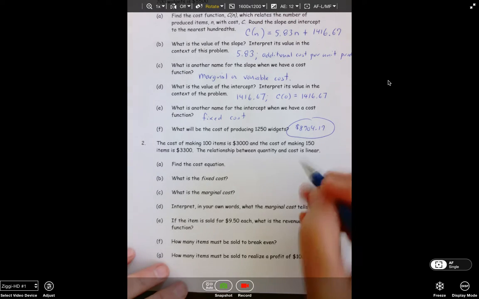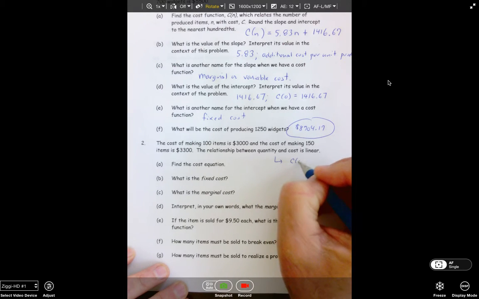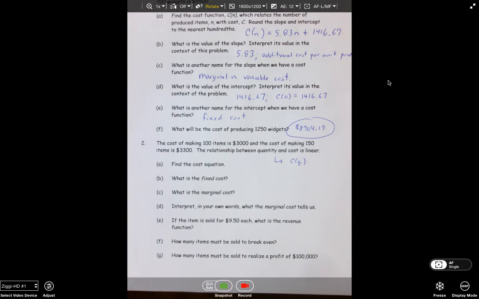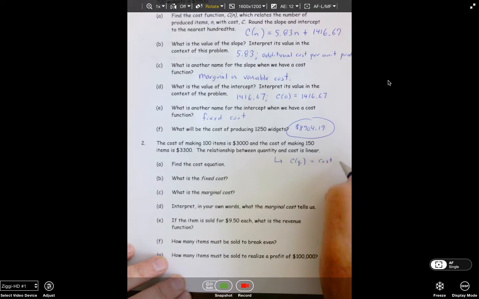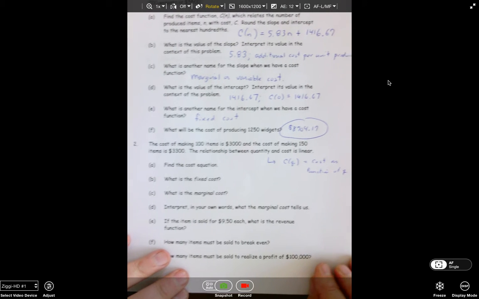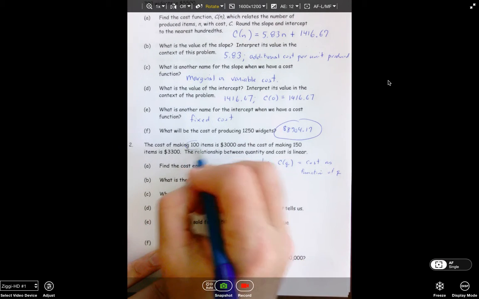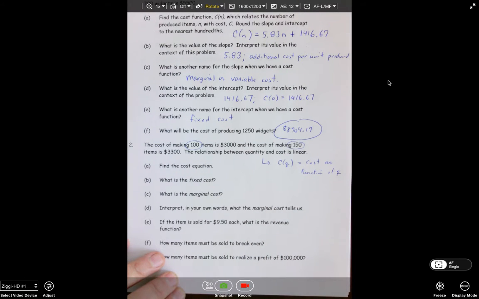So what I'm thinking about here is I'm going to create a function, C of Q, which is the cost as a function of Q, which is our quantity. So I've got a quantity of 100 items. I've got a quantity of 150 items.